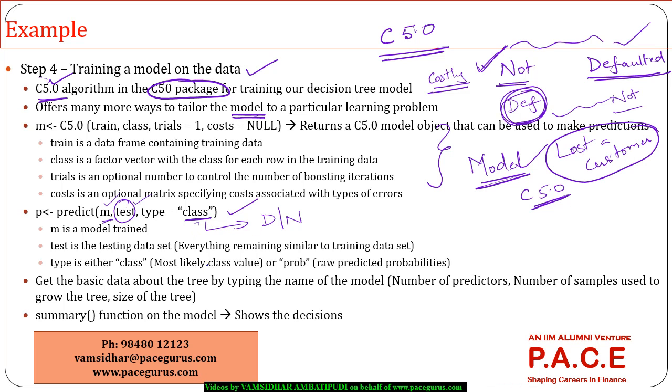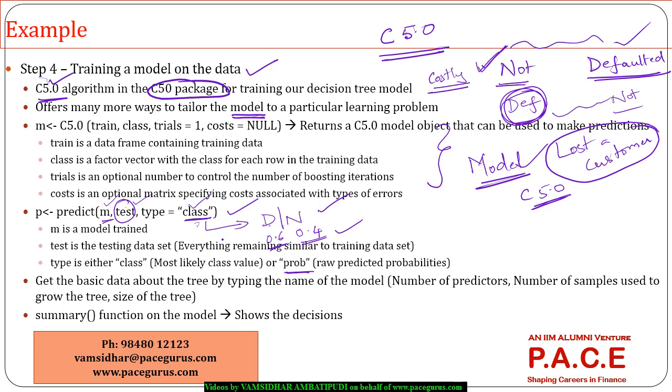Whereas if I give the input as prob instead of class, it will give me the probability that he will belong to a default class and the probability that a person will belong to a no default class. So it will give me these numbers in terms of probabilities. Whereas if I set it to class, it will give me the decision variable, whether he belongs to the default or a no default class.